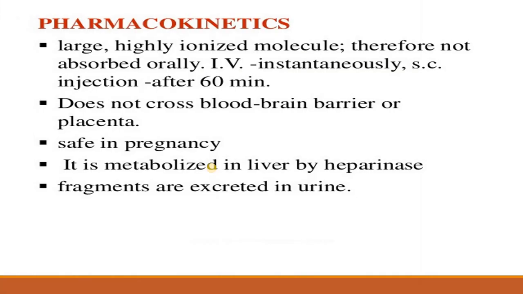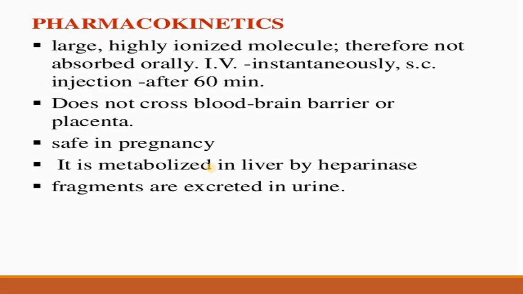Pharmacokinetics: heparin is a large, highly ionized molecule, therefore not absorbed orally. It is given IV or subcutaneously, with action starting after 60 minutes. It does not cross the blood-brain barrier or placenta, so it is safe in pregnancy. It is metabolized in the liver, and heparin fragments are excreted through the urine.